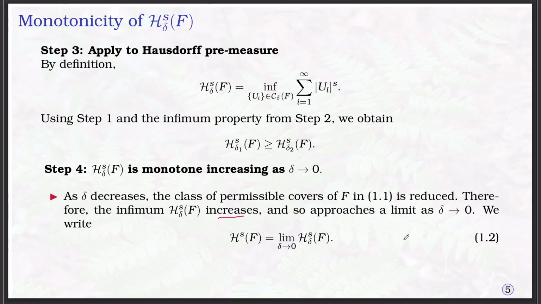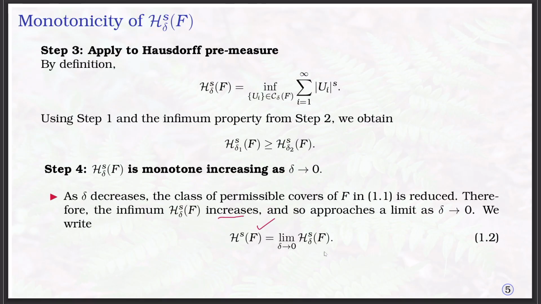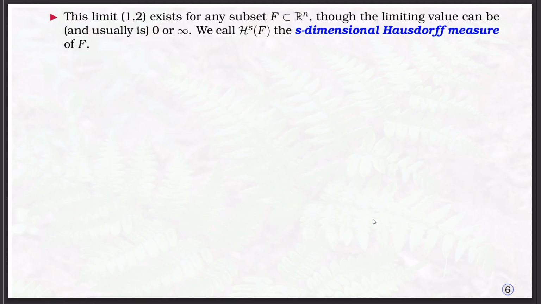We write this limit, as delta tends to 0 of H delta S of F, as Hs of F. Now, the limit 1.2 exists for any subset F in R power n.